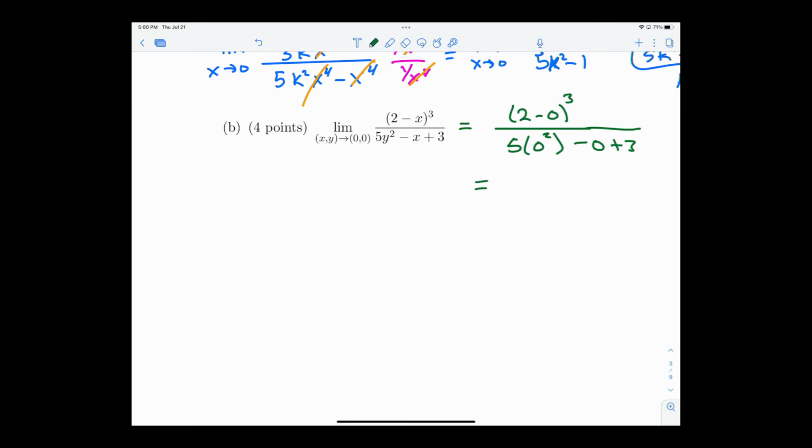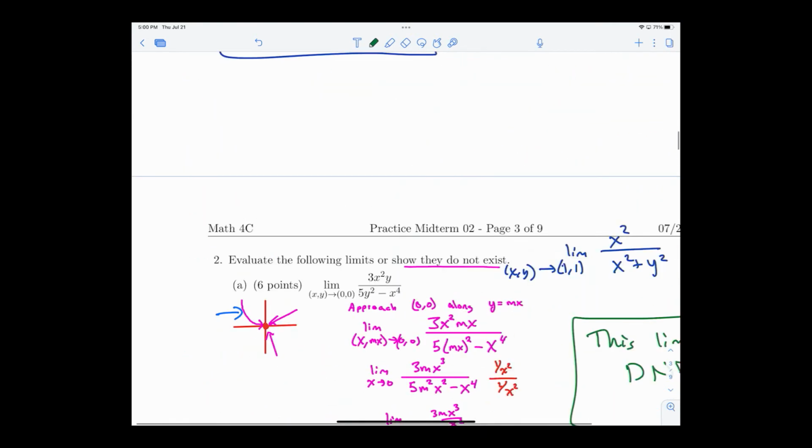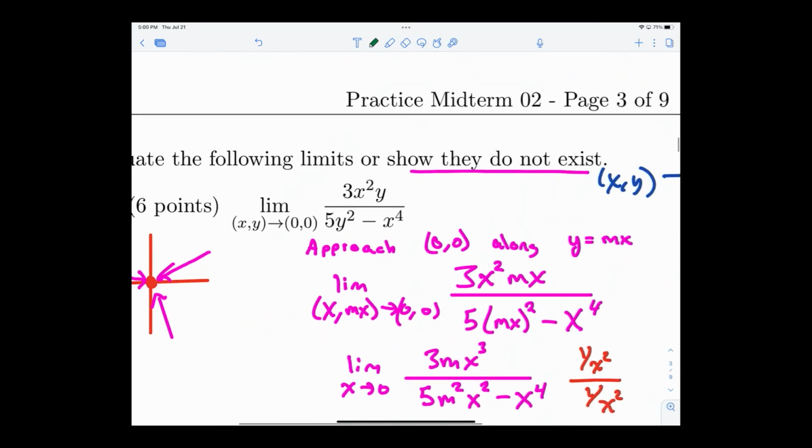So you get on top 8 and on the bottom 3. That's your limit, right? When you do the limit of a continuous function, you just have to plug in the point. Done. That's why the first thing we did up here, which I erased, was just checking if we could do that.